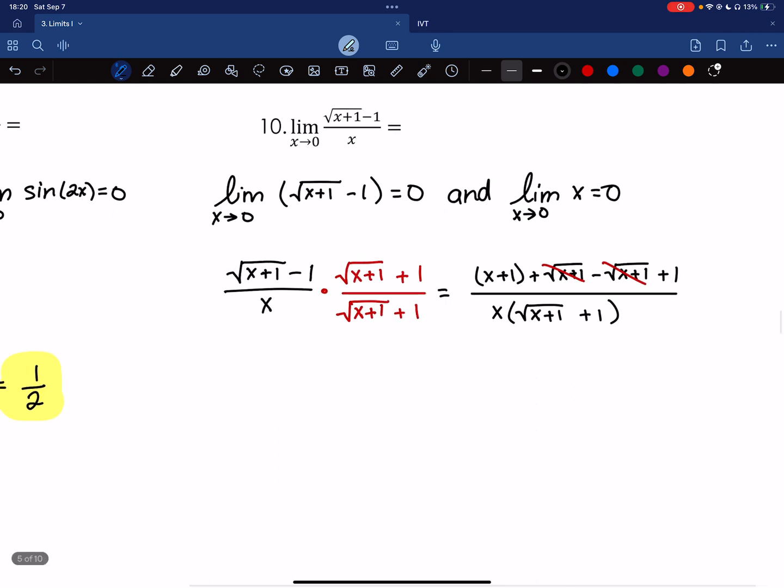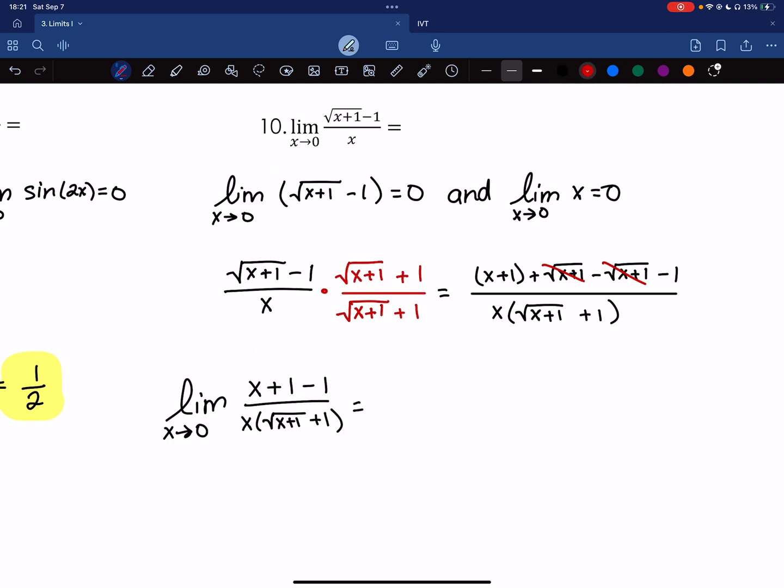Now we can go back to our limit statement and write out x plus 1 minus 1 over x times the square root of x plus 1 plus 1.